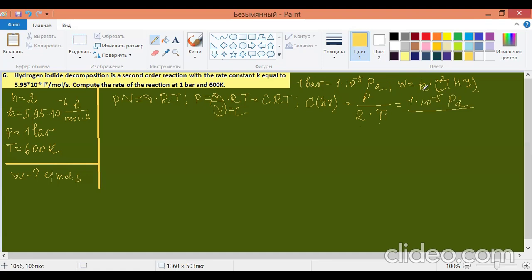Okay, and R is equal to 8.314 joules per mole per Kelvin, and the temperature is equal to 600 Kelvin, right? It's very good. And now we can write that it's equal to, let me calculate, 1 second, please.